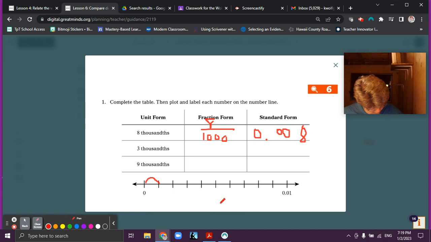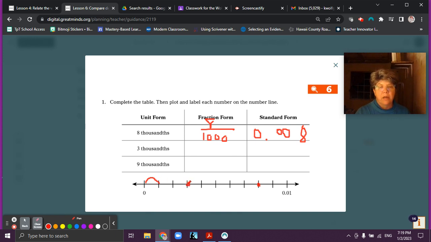Okay, so we're going to count by thousandths to plot our 8 thousandths. So 1,000th, 2,000, 3,000, 4,000, 5,000, 6,000, 7,000, and 8,000th is going to go right there. Okay, plotting it on the number line and counting it. So we know where 8 thousandths is. Now, where is 3 thousandths? 1, 2, 3.